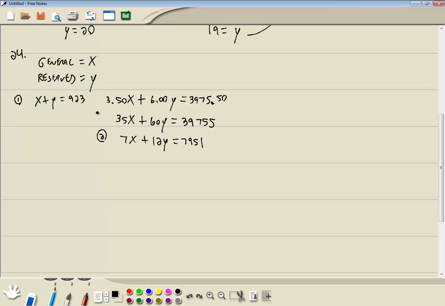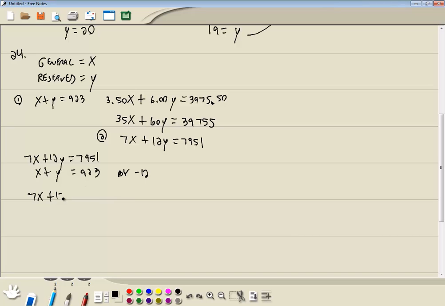Well, probably the addition method might not be too bad. So I'm going to have 7x plus 12y is equal to 7,951. And our second equation, x plus y is equal to 923. Now I'm going to eliminate one of the variables, and I'll choose the y's. So I'll multiply the second equation by negative 12.